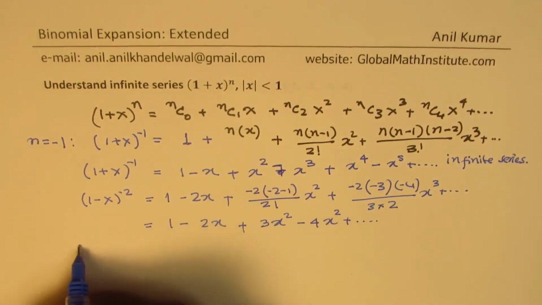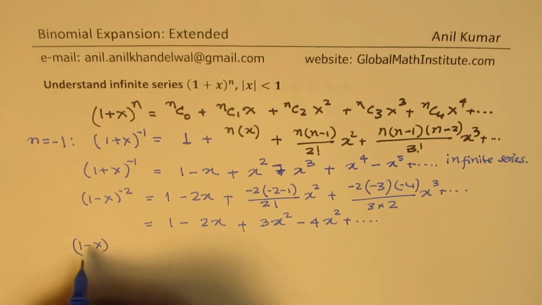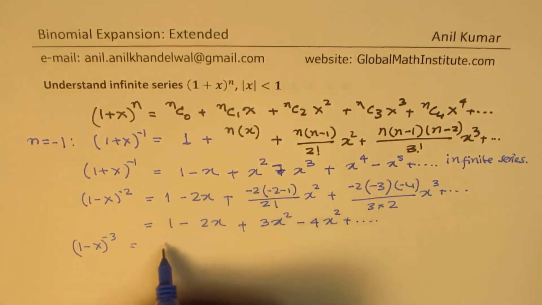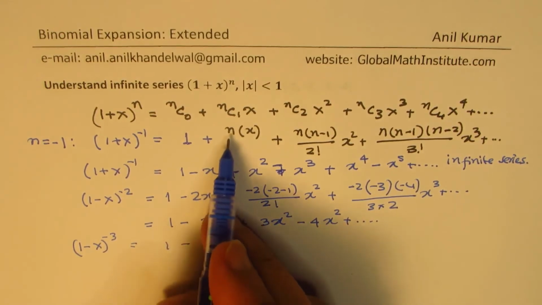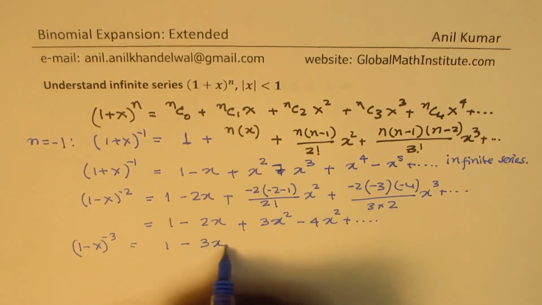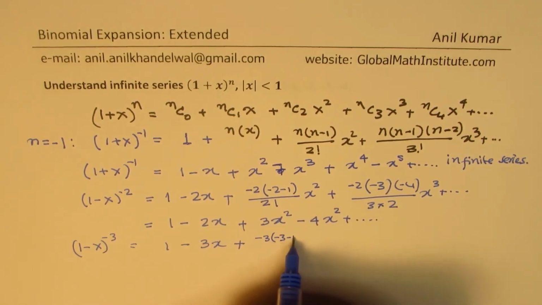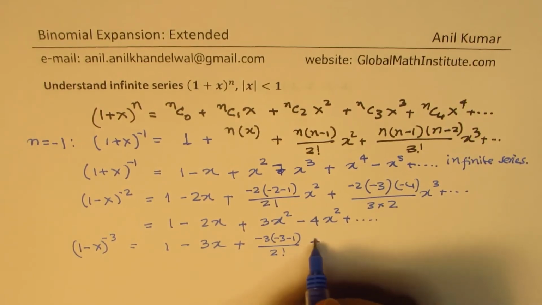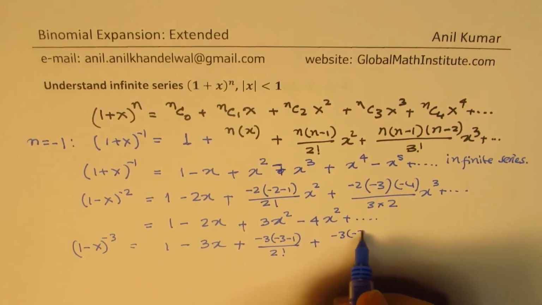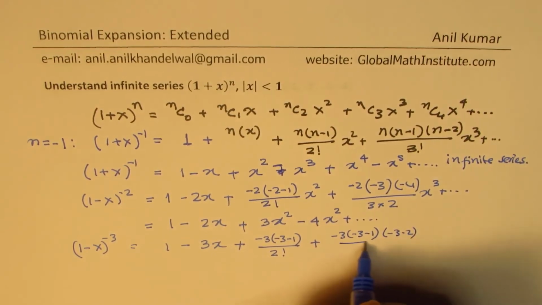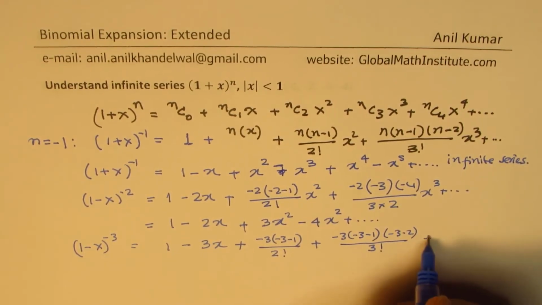So if you try 1 minus x to the power of minus 3, and do the same calculations, what you will get is 1 minus that nx, which is minus 3x, plus minus 3 times minus 3 minus 1 over 2 factorial, plus minus 3 times minus 3 minus 1 times minus 3 minus 2 over 3 factorial, and so on.